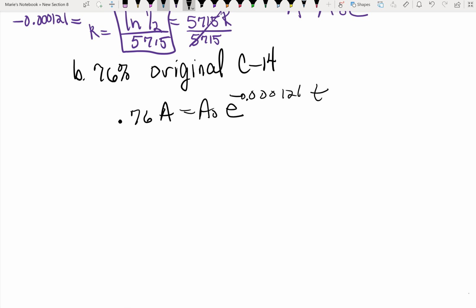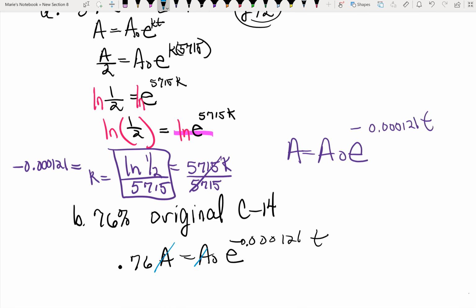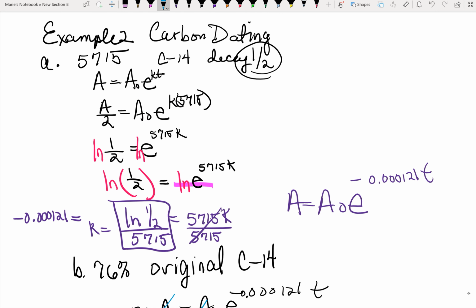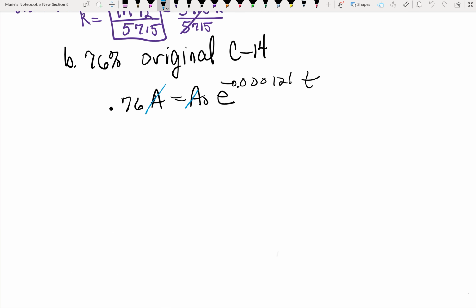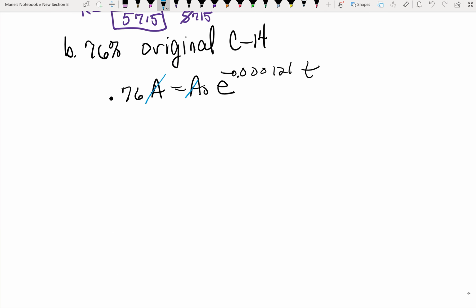Again, the a's cancel themselves out because they're on both sides of the equation, just like we did here, leaving the 1 by itself in the previous example. So we now have 0.76 equal to e to the negative 0.000121t, and t is what we're looking for.